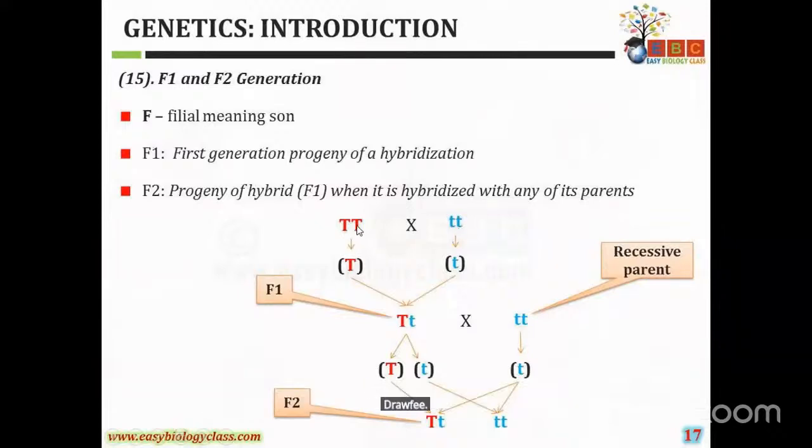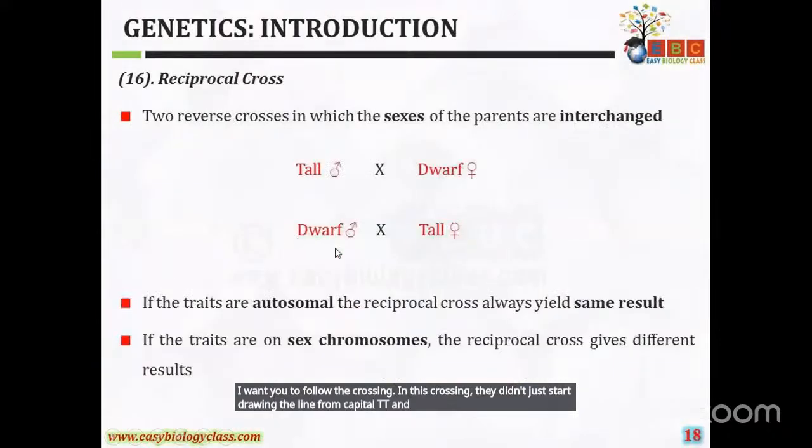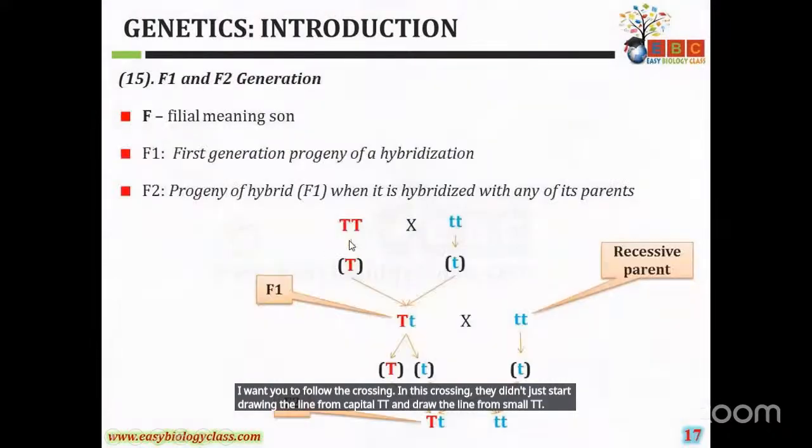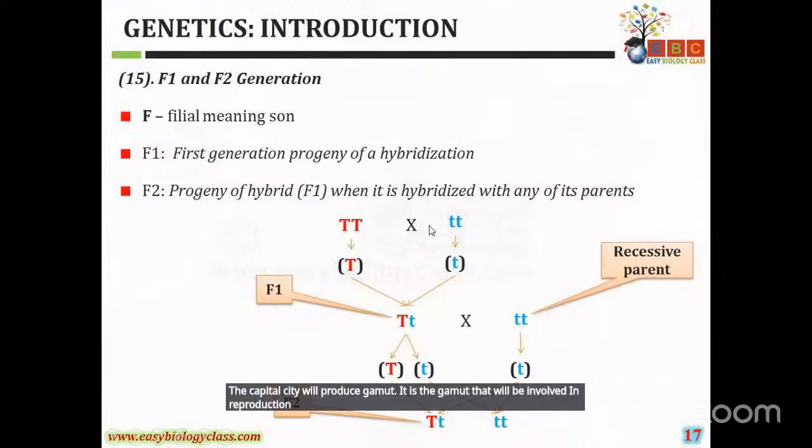The gametes. I want you to follow the crossing. In this crossing, they didn't just start drawing the line from capital TT and draw the line from small tt. The capital TT will produce gamete. It is the gamete that will be involved in reproduction and not this individual directly.